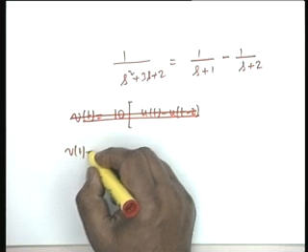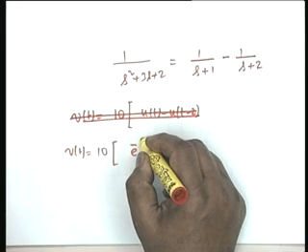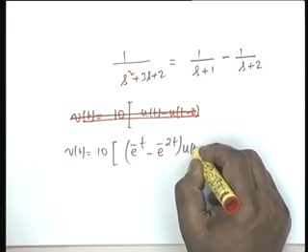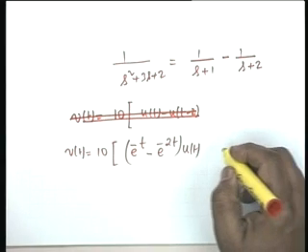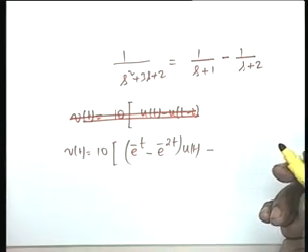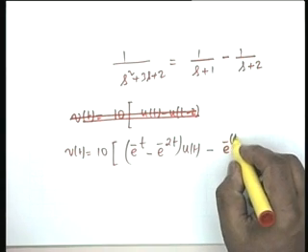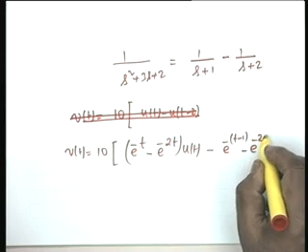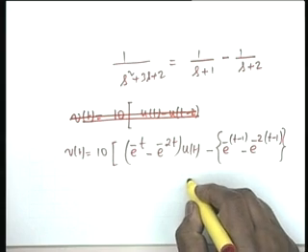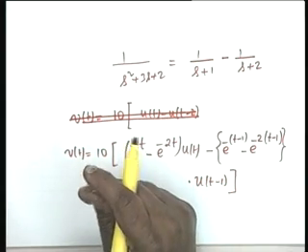Therefore my V of t would be 10 times e to the minus t minus e to the minus 2t multiplied by ut, then minus, if it is multiplied by e to the minus S, that means t should be replaced by t minus 1. So it would be e to the minus t minus 1 minus e to the minus 2 times t minus 1, whole multiplied by u t minus 1, and this is written down by inspection.